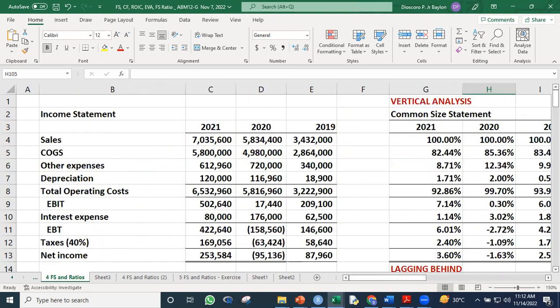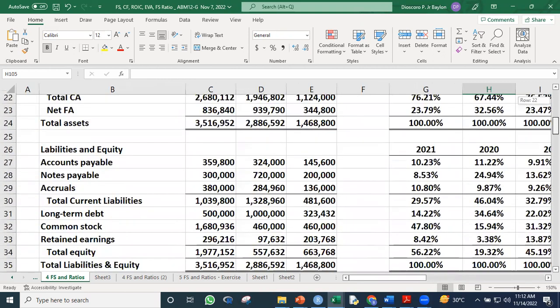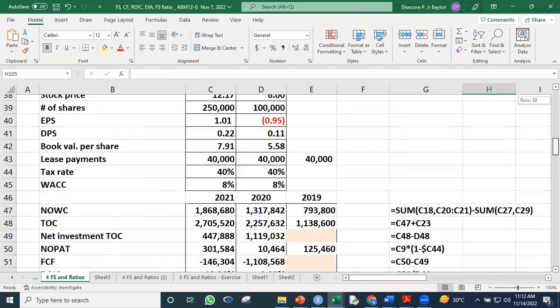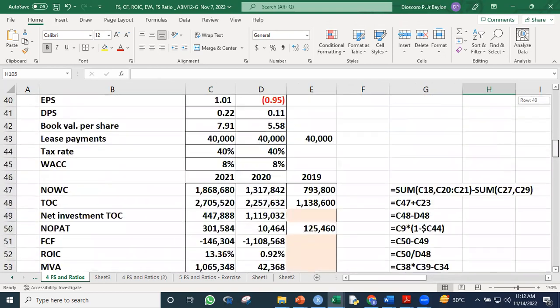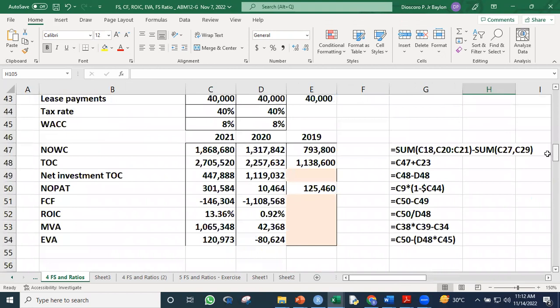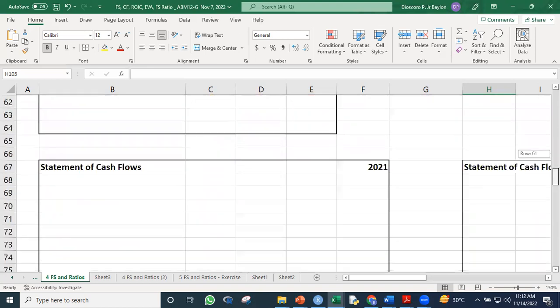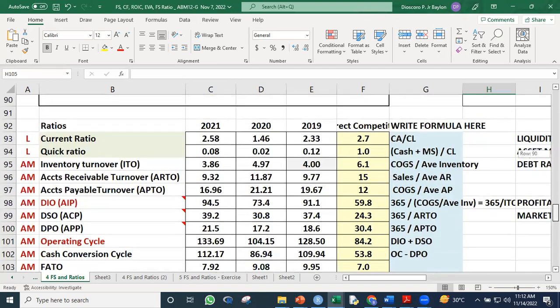So we learned how to create the statement of cash flows. We learned about some measures like NOWC, TOC, free cash flow, ROIC, MVA. We have already learned how to compute those.